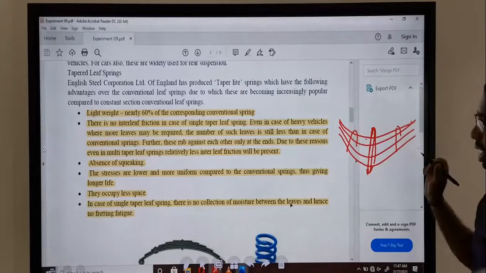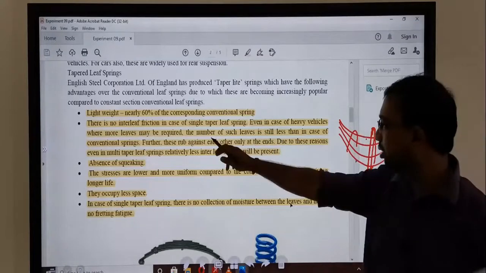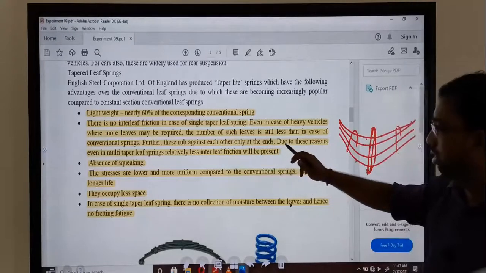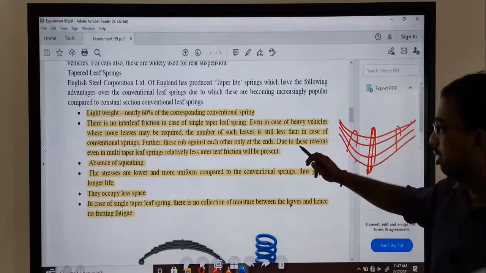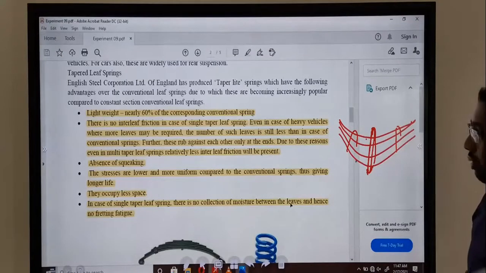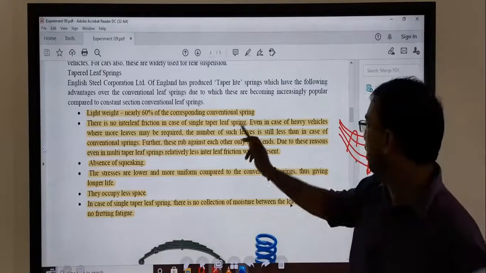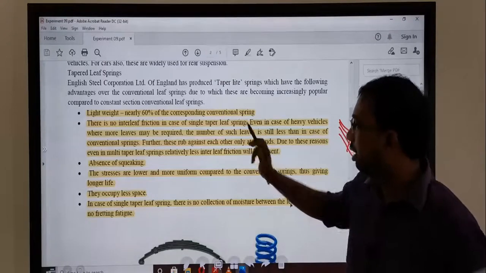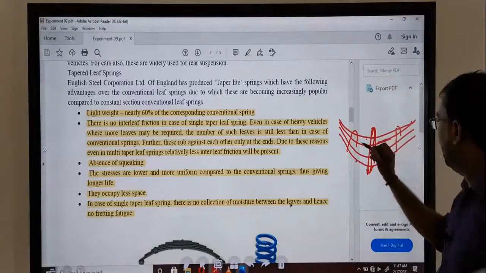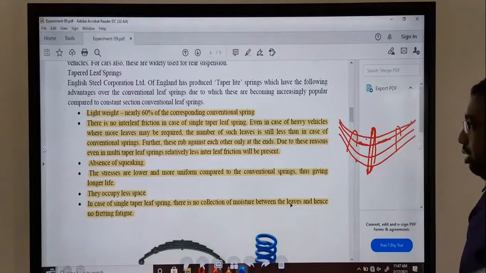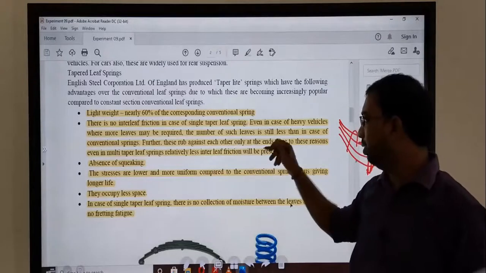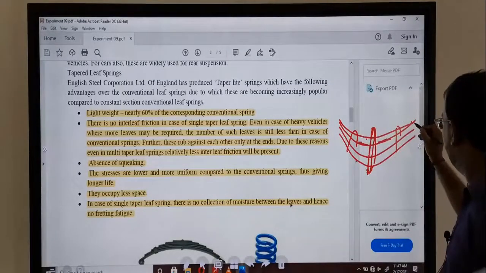So the interleaf friction in this area is very little. We can observe they rub against each other only at the ends.